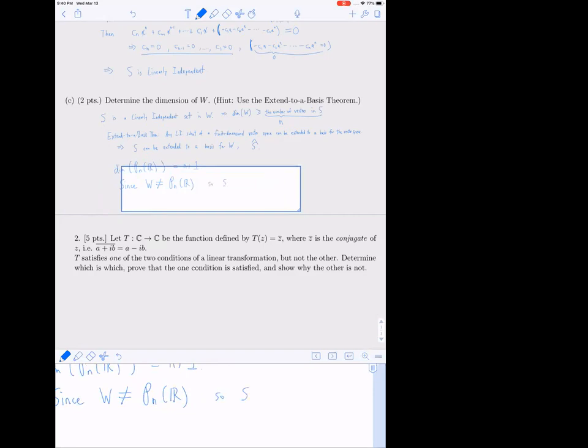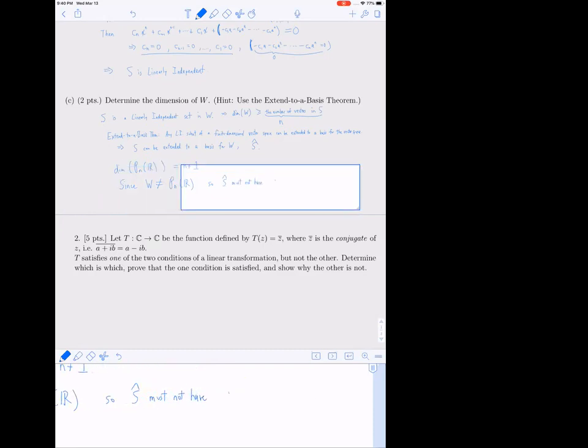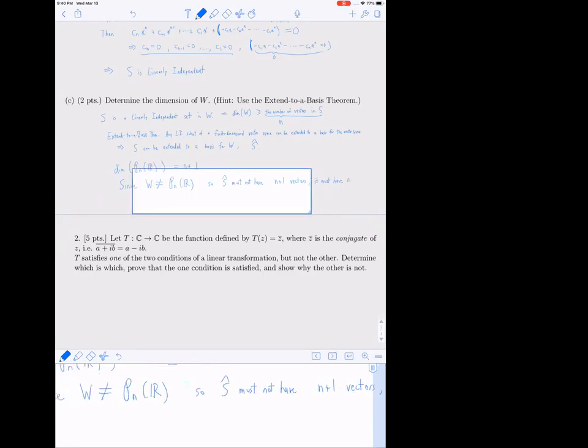So S hat must not have n plus 1 vectors. It must have n vectors.